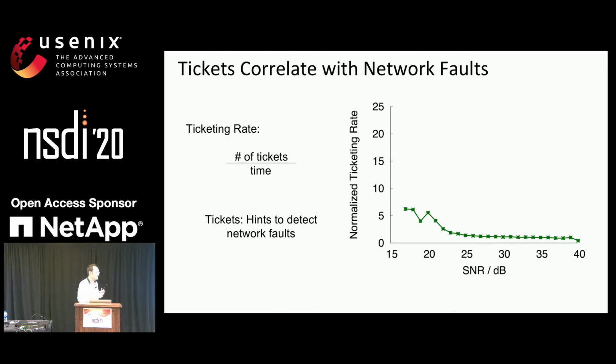Here, normalized means that we normalize this ticketing rate by the baseline ticketing rate, which is simply the total number of tickets divided by the total time. This indicates that the ticketing rate is correlated with network faults, and it gives the insight of this work: we treat the tickets as hints to detect the network faults, even if we do not have any ground truth.